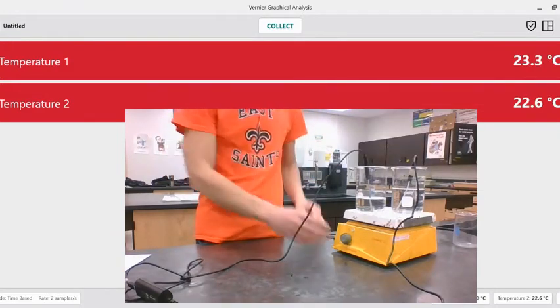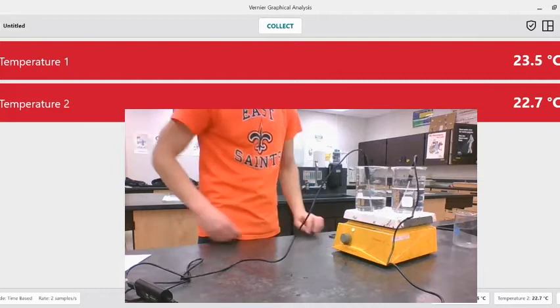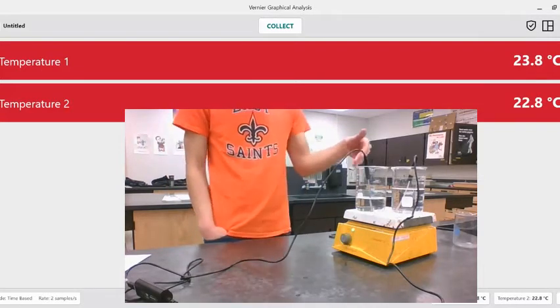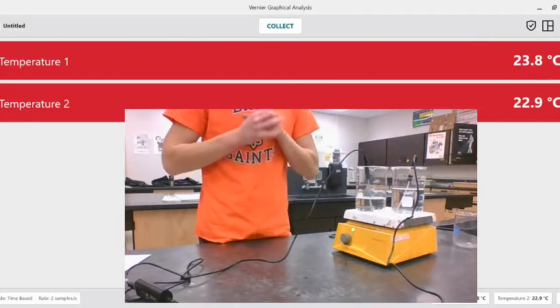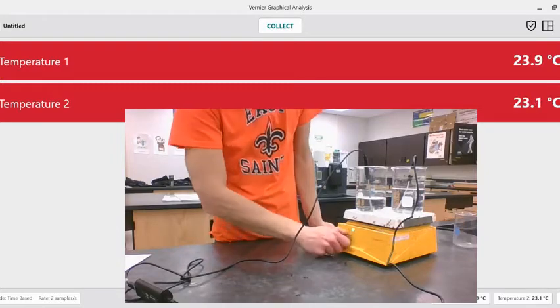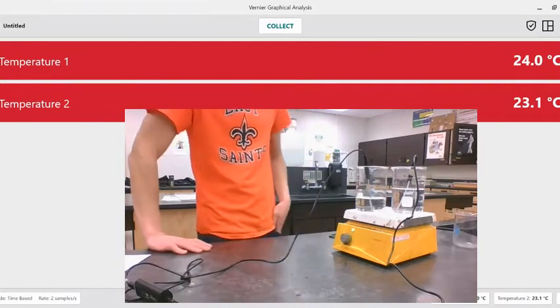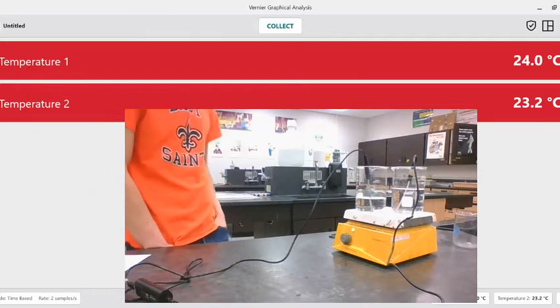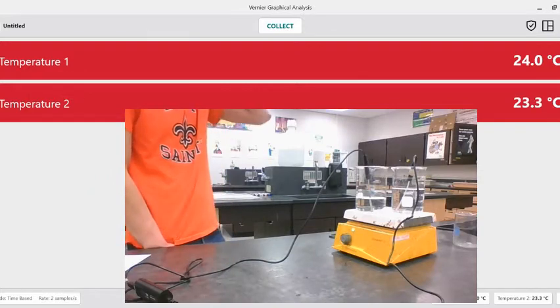For beaker 2, we got 22.6. Okay, and then I'm going to crank this temperature up. So 23.1 and 22.6 were our initial temperatures. So I'm going to crank the hot plate on, from 1 all the way up to 10. We're going to heat these up to 40 degrees and see which one heats up faster, or if they heat up at the same rate.